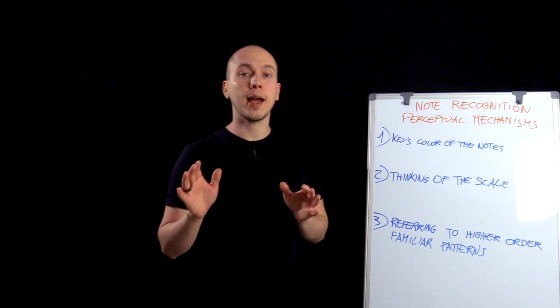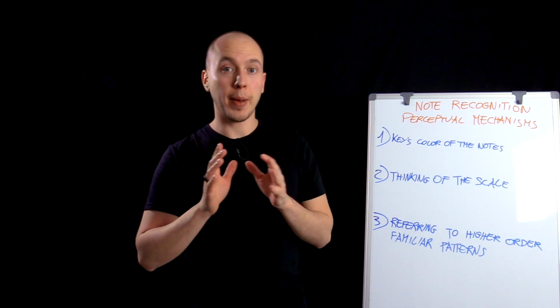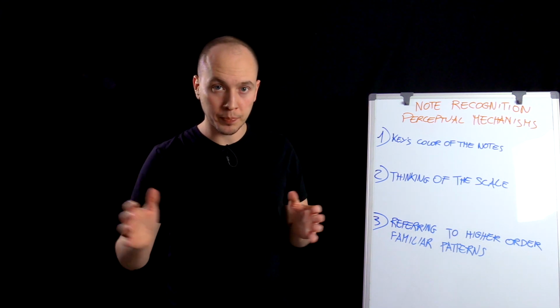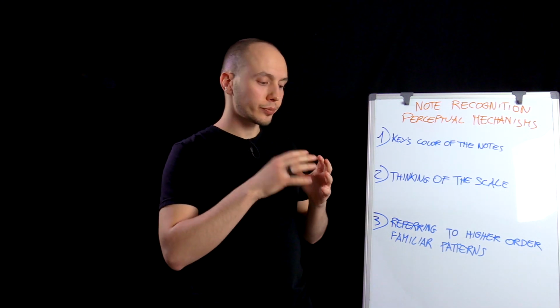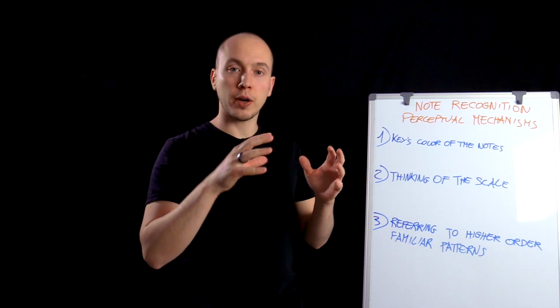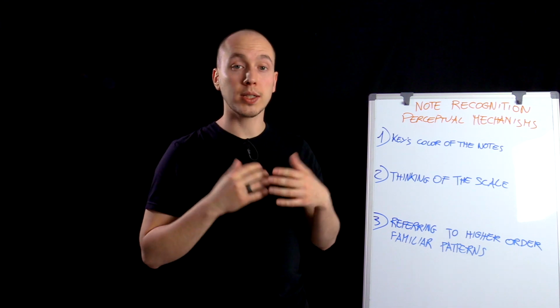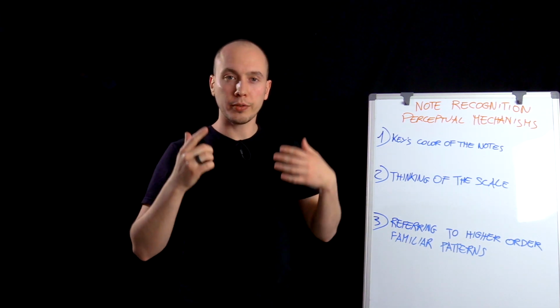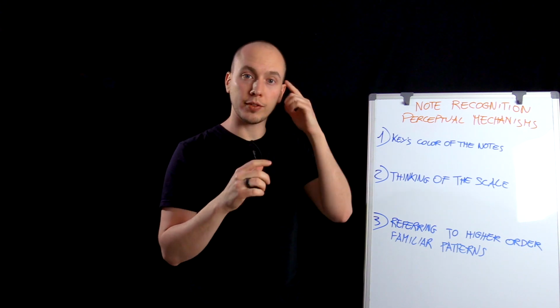Basically, we can recognize portions of melodies, so multiple notes at the same time, by recognizing a part of the melody as a portion of something else. What's that something else? It's whatever pattern, whatever portion of melody we have in our head.